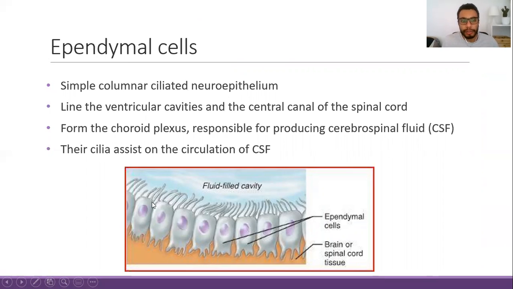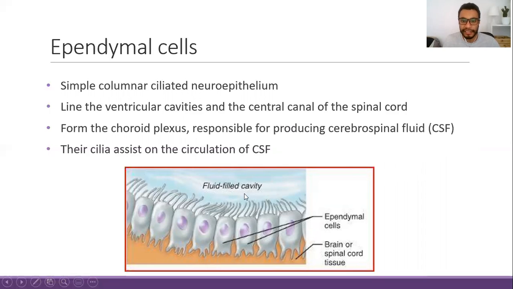They are responsible for forming the choroid plexus, which helps in the production of cerebrospinal fluid, made by the filtration of blood in the blood-brain barrier. These ependymal cells also have cilia that assist in the circulation of cerebrospinal fluid.